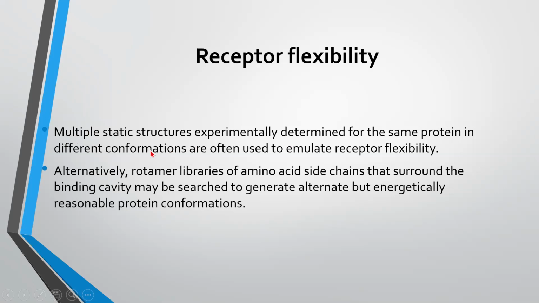What do I mean by multiple static structures for one particular protein? In different conformations, the three-dimensional structures are determined, and those different conformations of the structure are implemented while determining the most stable conformation of this protein and ligand.